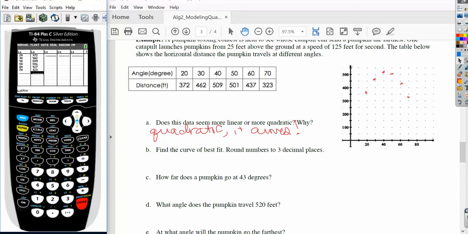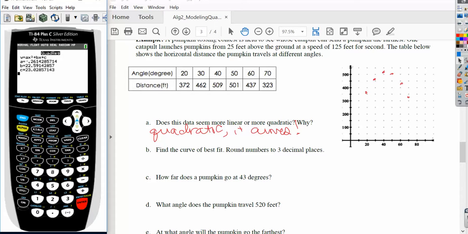So then I'm going to press stat and go over to calc, but instead of pressing number 4, I want a curve of best fit since it's quadratic. I'm going to press number 5 because that's quad regression. Then I go down to store reg EQ, press vars, go over to y vars, and hit enter, enter, and then go down to calculate and hit enter.